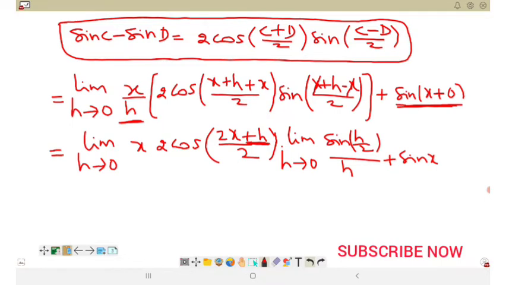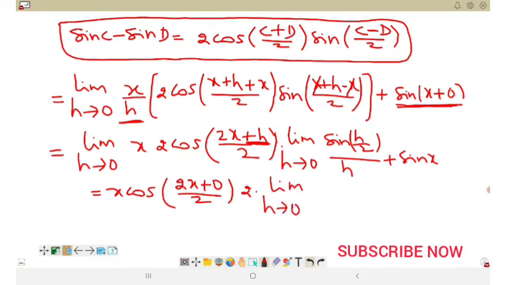Now substitute here h equals 0. So x into cos of (2x plus 0) by 2. So 2 into limit h tends to 0 sin of h by 2 by h, and here multiply and divide with 2. Plus sin x.